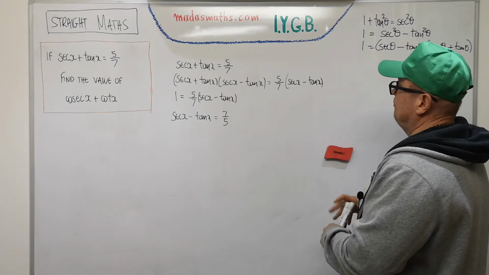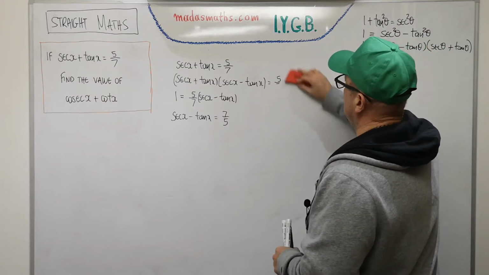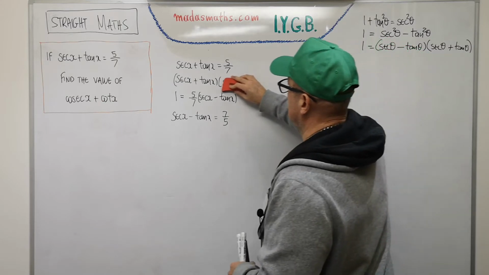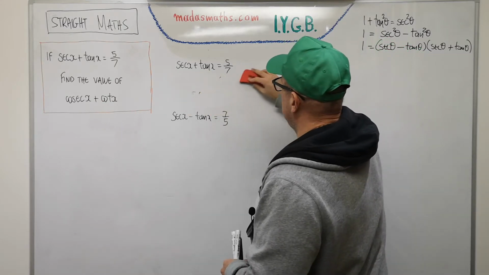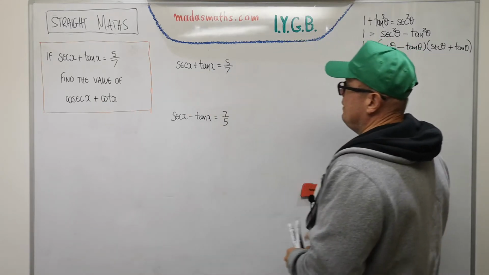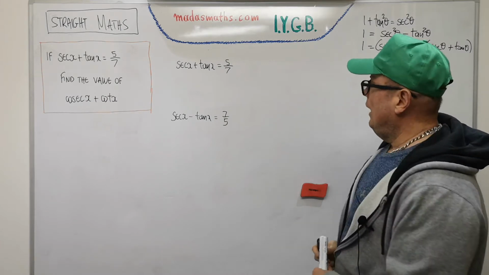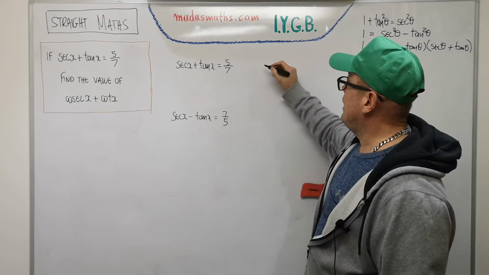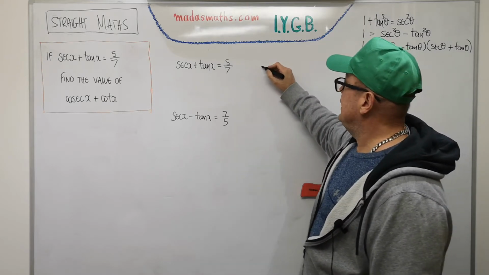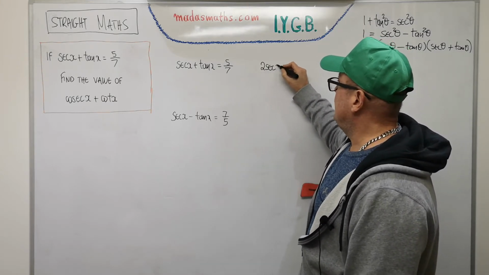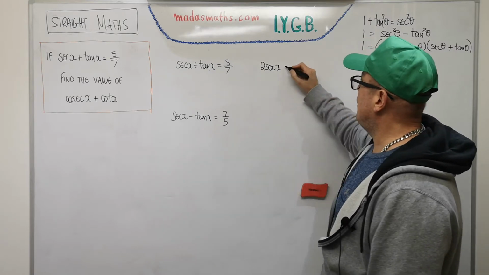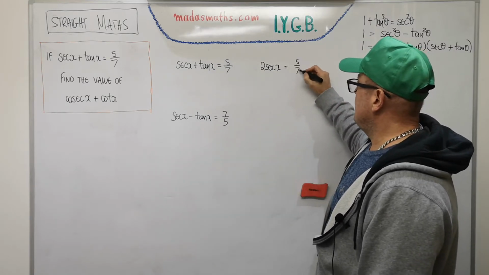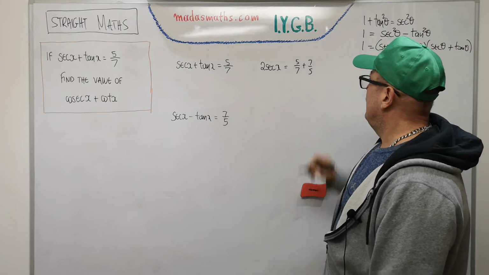Why is that good? Because there's more consequences with this kind of pattern. Let me just leave the given and the derived. Well, I can add the 2 equations now because the tans will drop. So 2 lots of my sec of x, adding side by side, is equal to 5/7 plus 7/5.